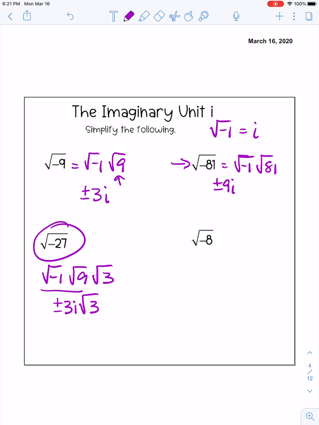Similarly with square root of negative 8, I can simplify that into the square root of negative 1 times the square root of 4 times the square root of 2, right? 4 is a perfect square. That's what we're trying to find, a perfect square that goes into 8, which is 4 in this case. So I can rewrite this as plus or minus 2i times radical 2, and the radical 2 I can't do anything with, so I leave it, okay? So that's how we simplify radicals with negatives underneath. We have to use i in those situations, okay?